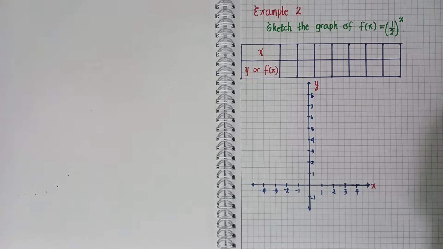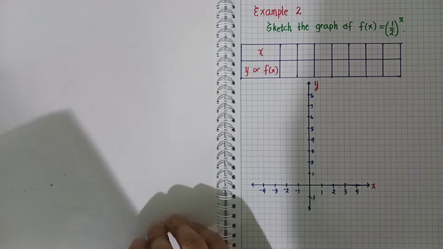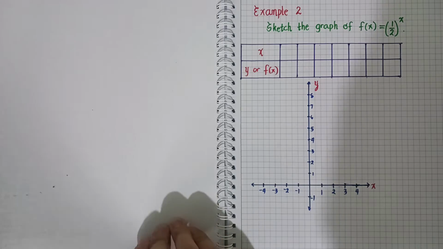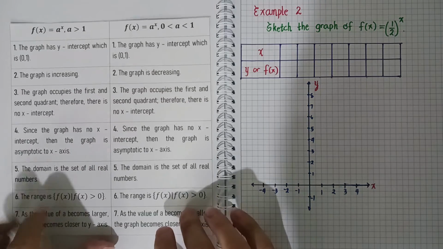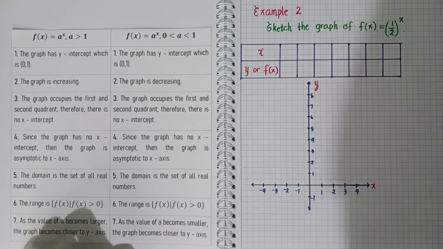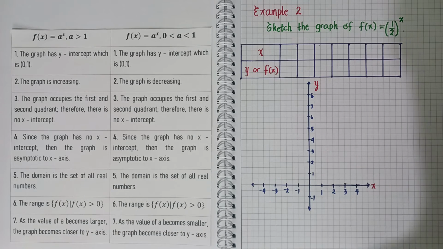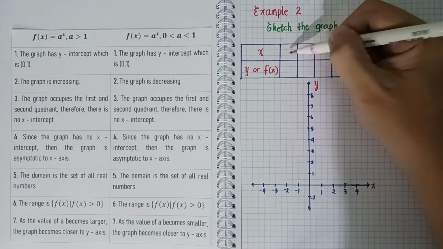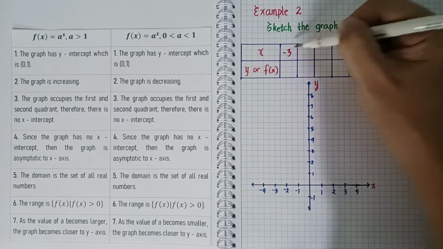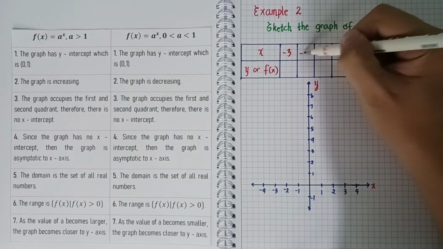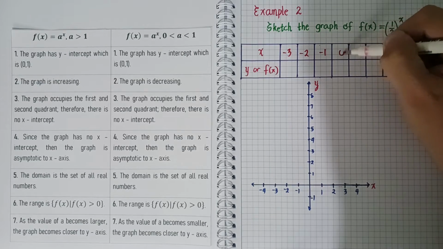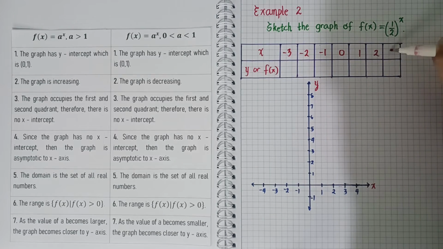Okay. So, eto naman guys, opposite ng example number 2 natin. So, may mga properties tayo dito. Tignan natin dyan later. Okay, so, let's assign numbers. Table of values, negative 3 up to positive 3: negative 3, negative 2, negative 1, 0, 1, 2, 3.